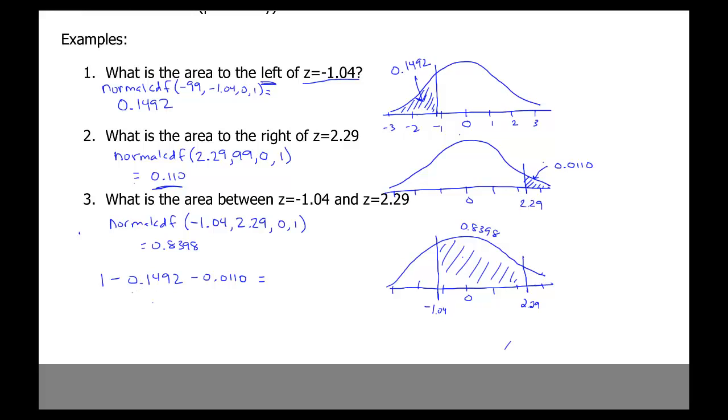If we subtract the tail that was to the left of negative 1.04, which was 0.1492, and we subtract the area to the right of 2.29, which was 0.0110, we get the area that's left in between the two. And if you were to go ahead and do that subtraction, you'd get the exact same answer as we did with the calculator using the normalcdf function between those two values.